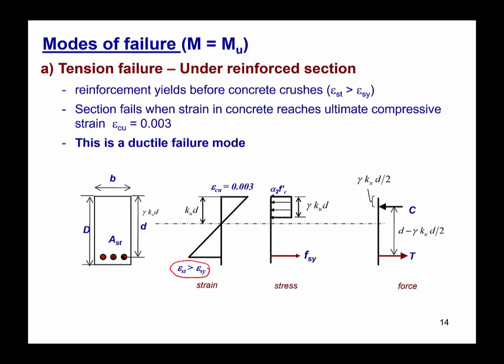That means epsilon st, the strain in the steel, will be greater than epsilon sy. The steel will yield first, and as we increase the load, the concrete in compression finally reaches the crushing strain, that is 0.003. At that point, we consider that the beam has failed. So the sequence of failure here is that first the steel will yield, and second the concrete will crush in compression. This kind of failure is called tension failure or under reinforced failure. This is a ductile failure, the more desirable kind of failure mode.